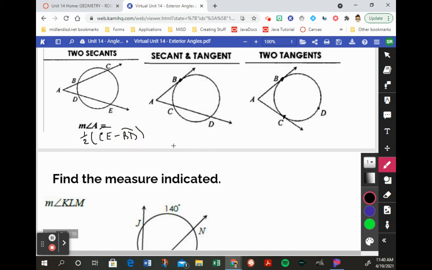This one would be 1/2 of BD minus BC. Sorry. This one will be 1/2 of arc BDC minus BC.